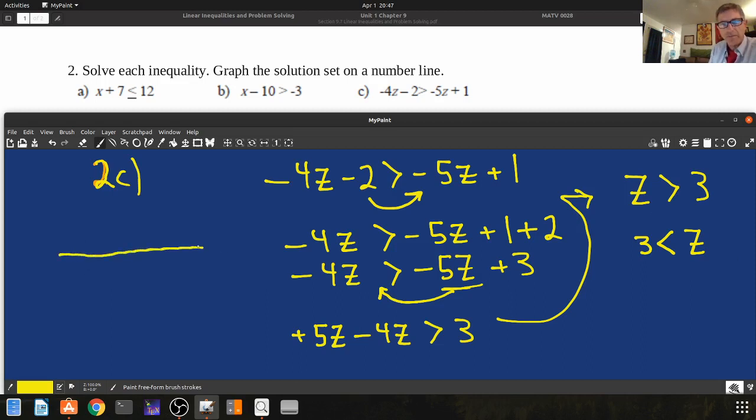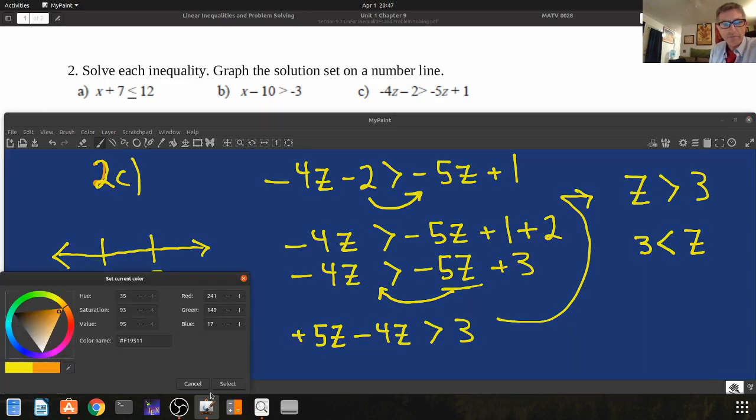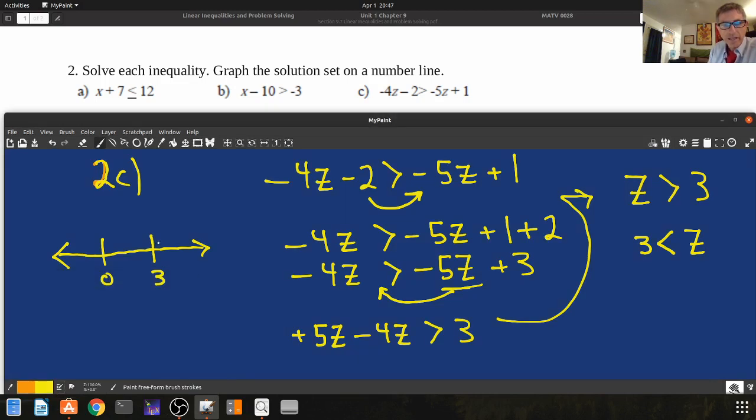So here's my number line. And I need 3 on it somewhere, so I'm just going to arbitrarily decide where to put 3. And my numbers z that make this true are larger than 3 but do not include it. So to indicate I do not include it, I put the open circle and then just shade the area to its right.